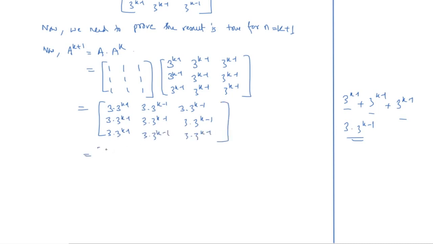Alright, so this will plainly give us 3^k in every entry. Now this is exactly equal to 3^(k+1-1).